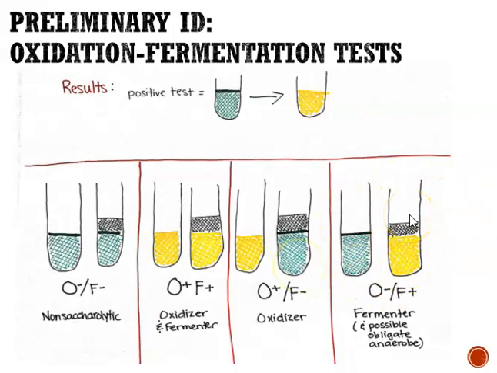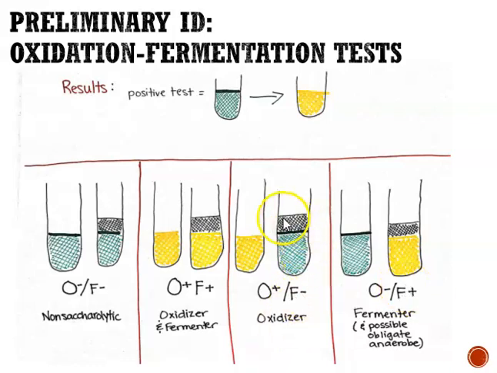Acid is only produced in the closed tube, then the organism is a fermenter and possibly an obligate anaerobe. So that's the tube where the mineral oil was overlaid. This produces the anaerobic environment. So if we've got color change in your anaerobic tube only, then that means your organism is a fermenter and possibly it can only grow in an anaerobic environment.